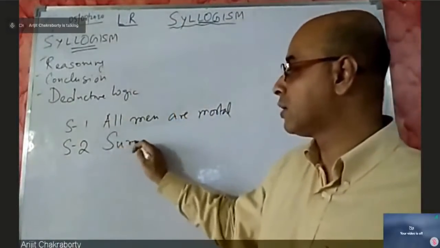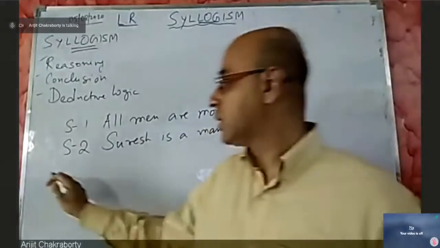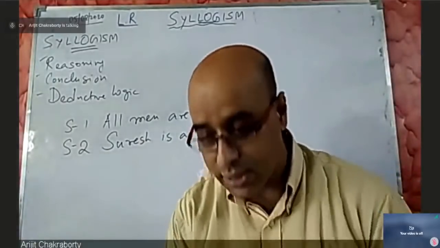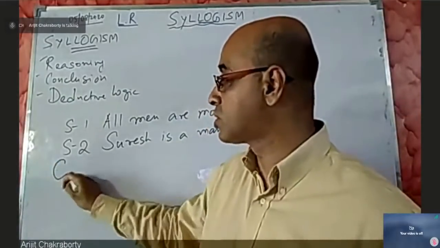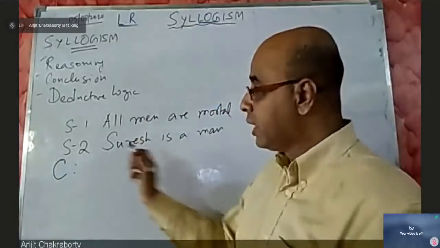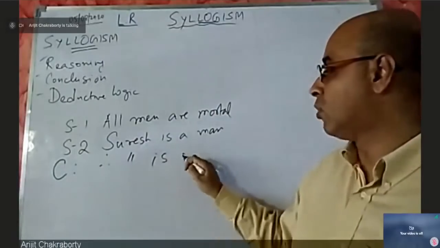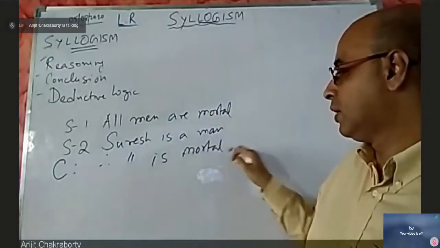Suresh is a man. So now you have the two statements. So now we come to the conclusion, C. The conclusion, if you apply logic, is that therefore Suresh is mortal. Okay?